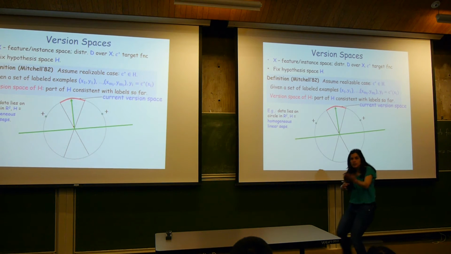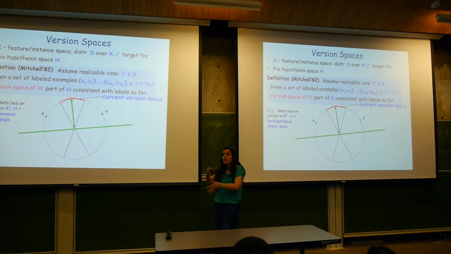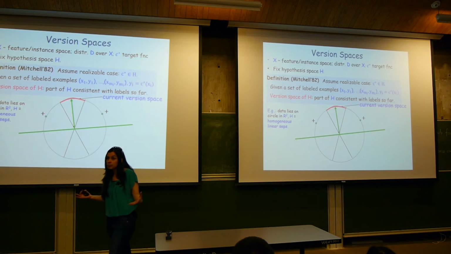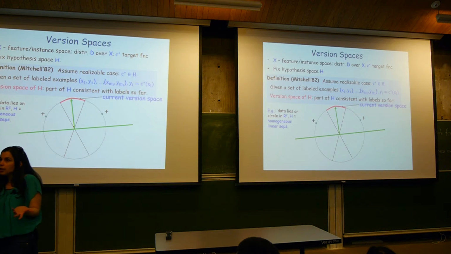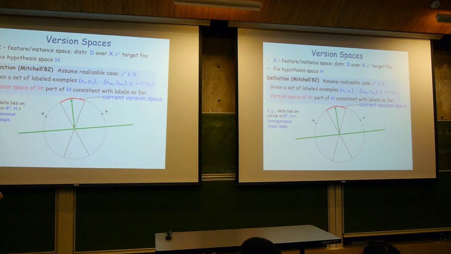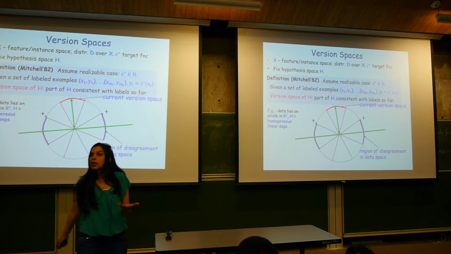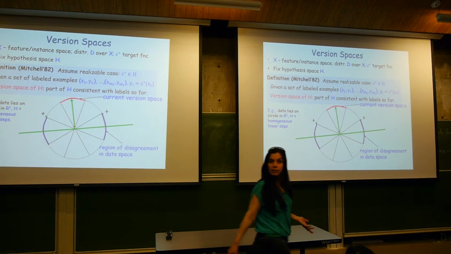Now given a version space, I can also think about what part of the instance space is where they agree. Because when we're going to do active learning, if I have a set of surviving classifiers and the target function belongs there, and if they agree on the labels of certain examples, obviously I shouldn't query there. I shouldn't waste my queries there. So that's why it's natural to think about the region of disagreement of the current set of surviving classifiers.